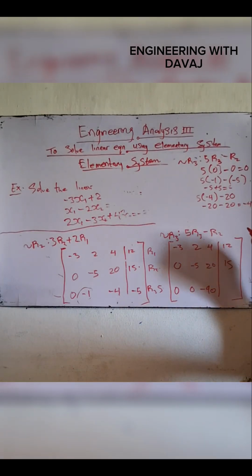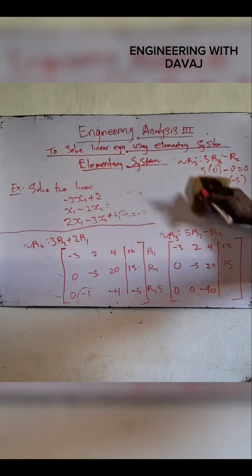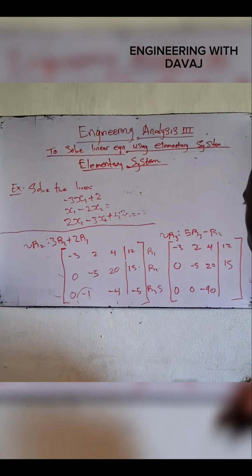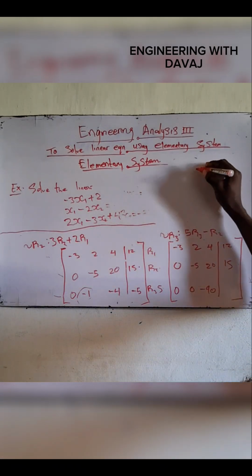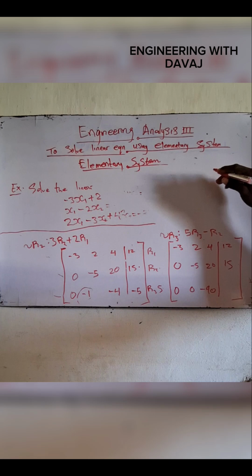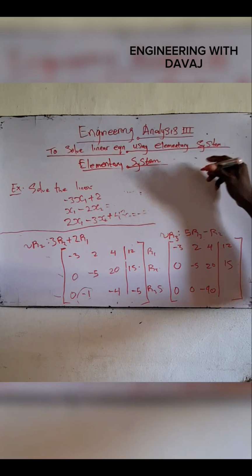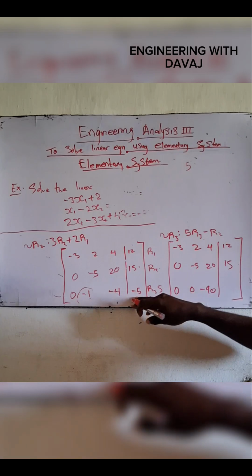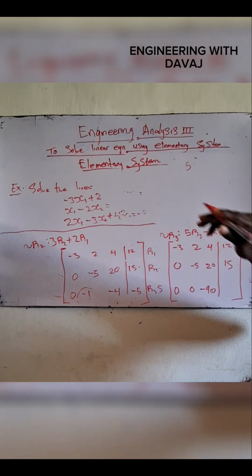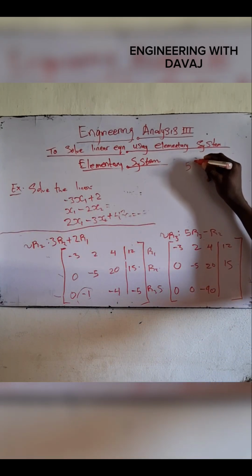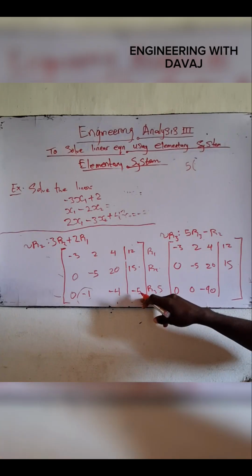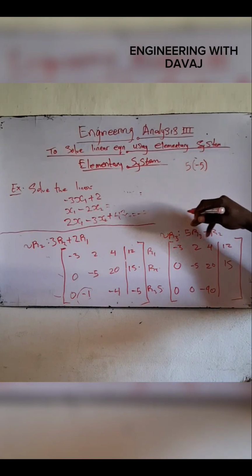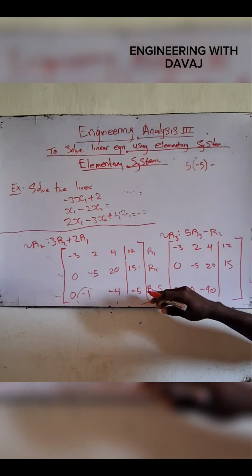So let me erase this part. So I said performing operation on row 3 such that 5 of, I'm working on the last one, which is minus 5 and 15. 5 of, what's my row 3? My row 3 is minus 5. 5 of row 3 minus, what's my row 2?